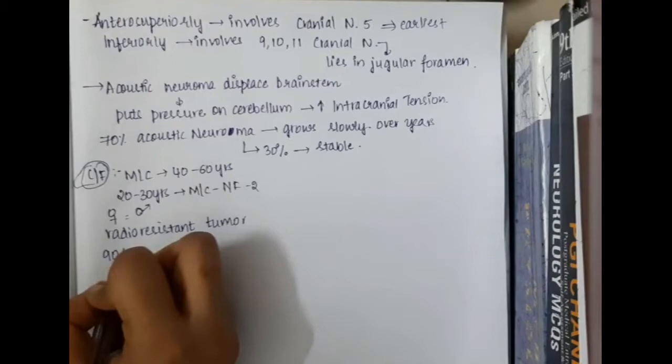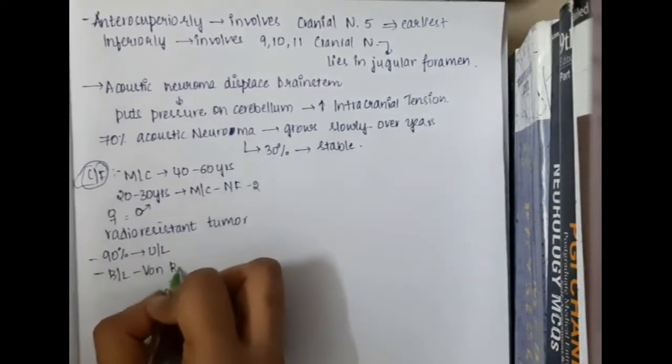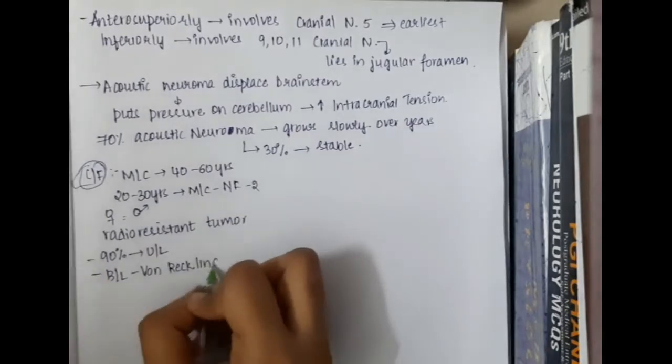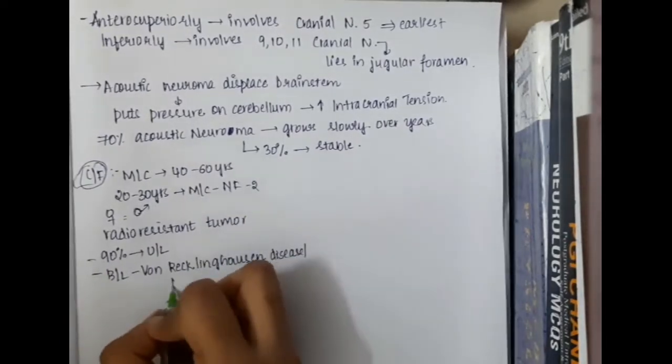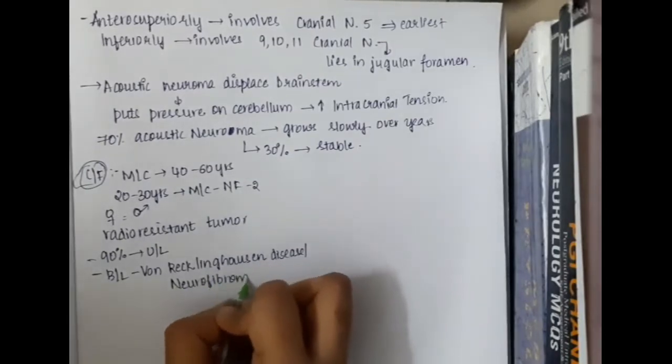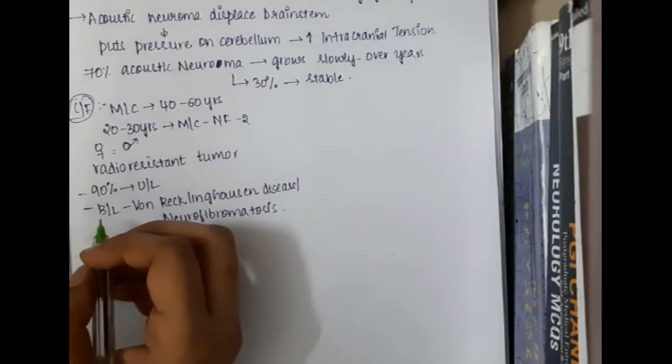It is a radio-resistant tumor, and in 90% of cases it is unilateral, but bilateral vestibular schwannomas are seen in von Recklinghausen's disease, or neurofibromatosis.